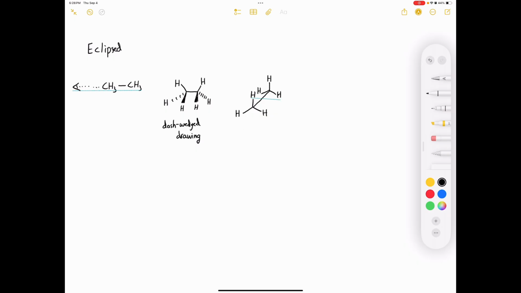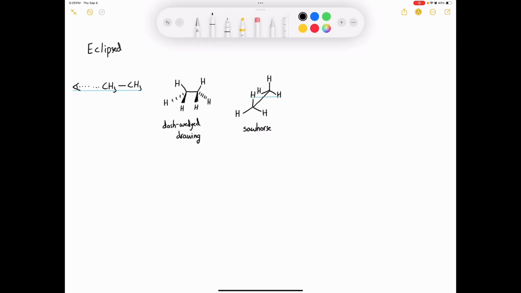So this will be the sawhorse. And then we have the Newman projection right over here, and you see the hydrogens are fully eclipsed in this position.